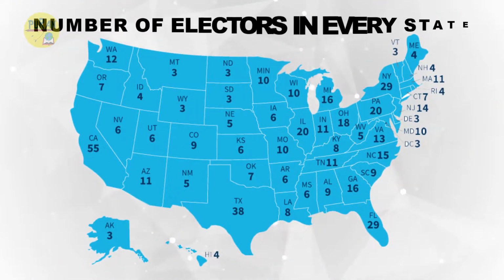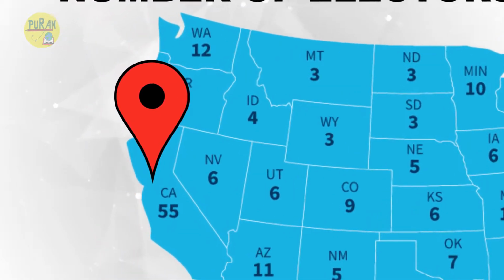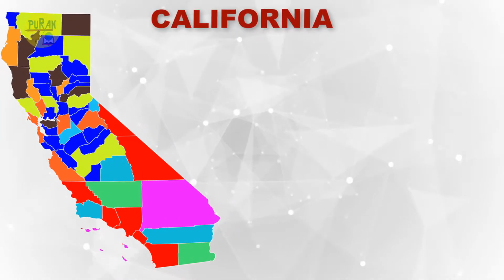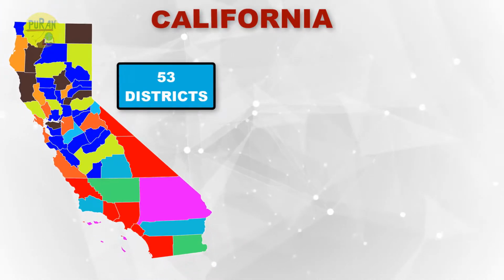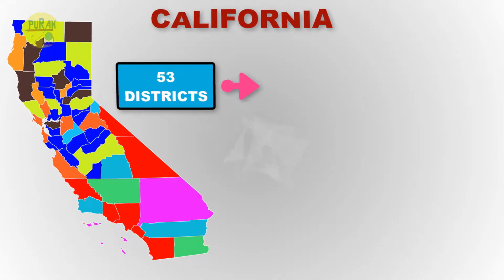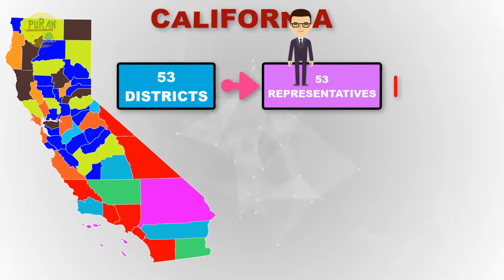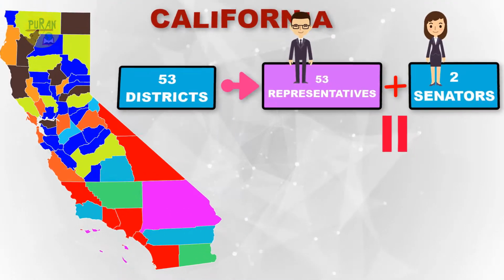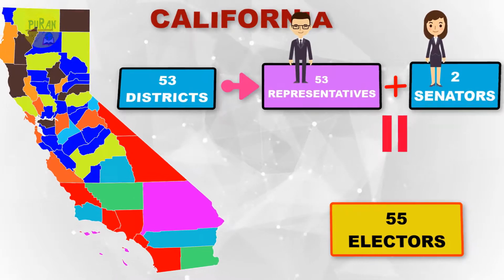Let's take the state of California, most populous state of the US. Based on its population, California is divided into 53 districts. So it has 53 representatives and 2 senators. So in total, California has 55 electors.